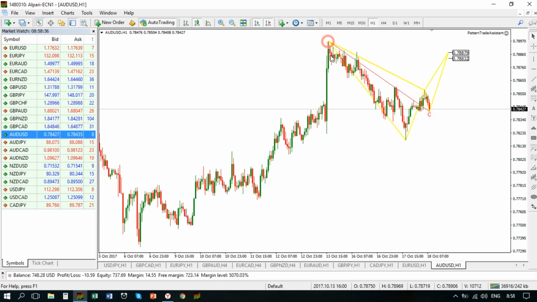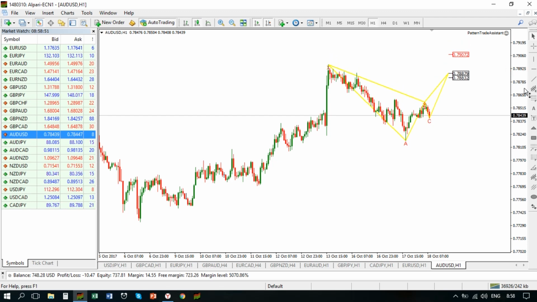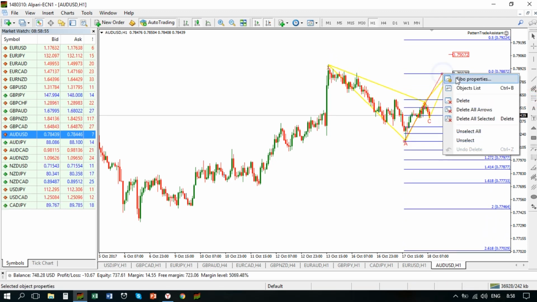C to X. Done. Oh, you can do it the old school way. I'll just press the C on your keyboard and draw it this way. X to A to B to C. So fast method and a bit slower method. Whatever is convenient for you.